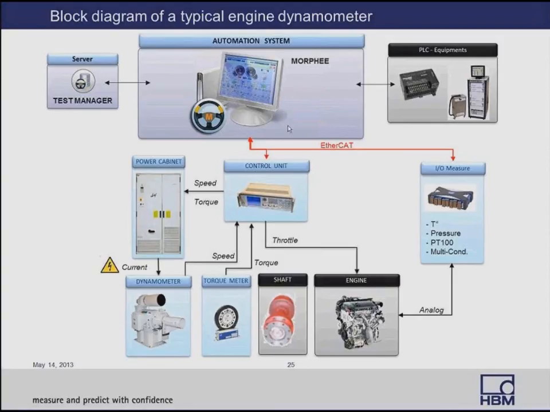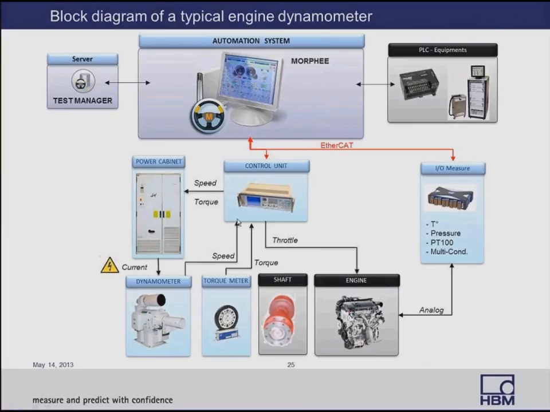On the other side, Morphee can also control the dyno, of course. Morphee is going to control the speed and torque that you want the engine to perform. So through the Morphee system and the control unit, we're going to be able to send speed, torque, and also throttle values.